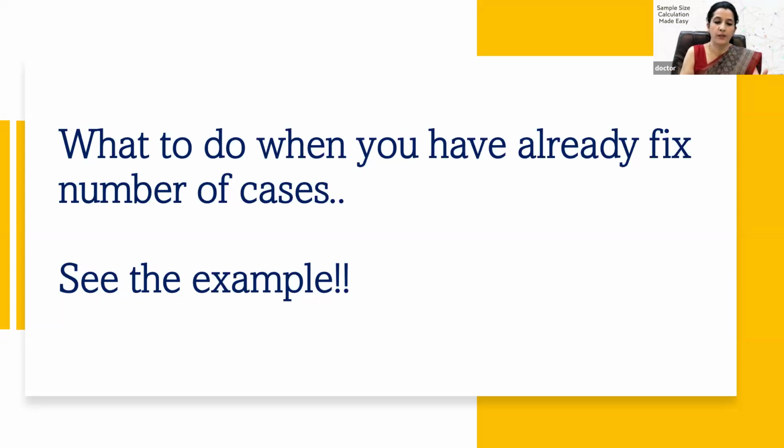So what to do when you have already fixed number of cases, like in the diarrhea cases, or many times in your records, you have got a fixed number of cases, or like outbreak investigations, you have got a fixed number of cases. You cannot increase those cases. So what to do if your calculated sample size is coming much more than if you take a 1:1 ratio?